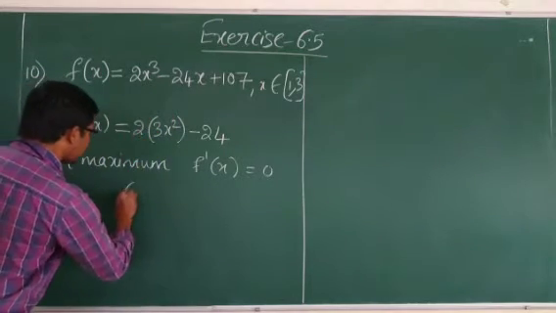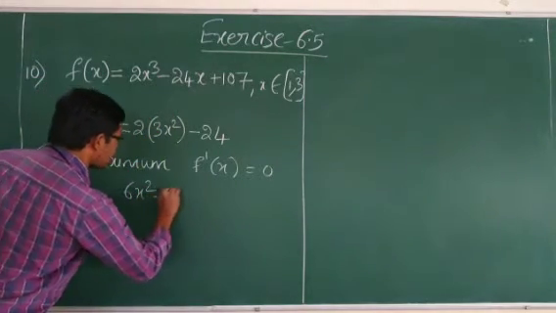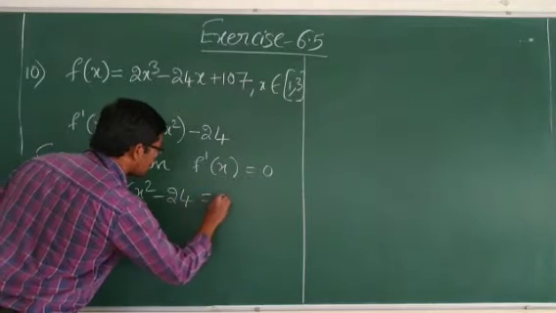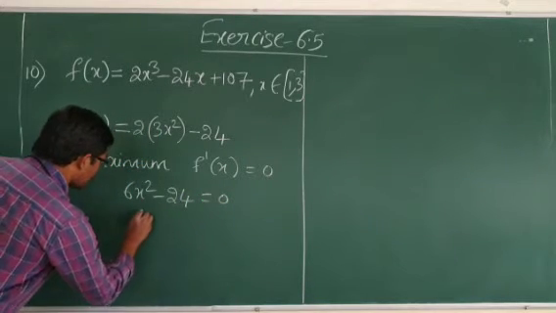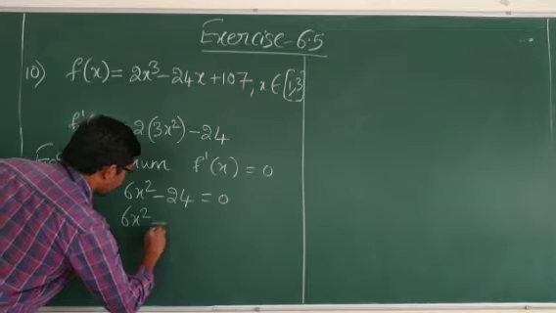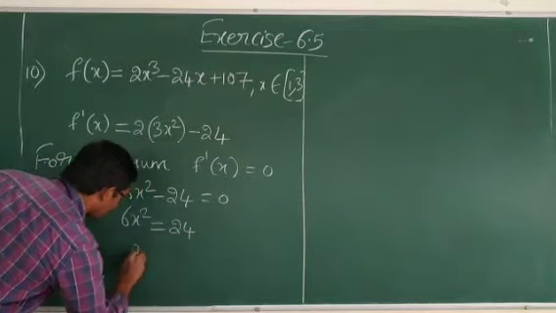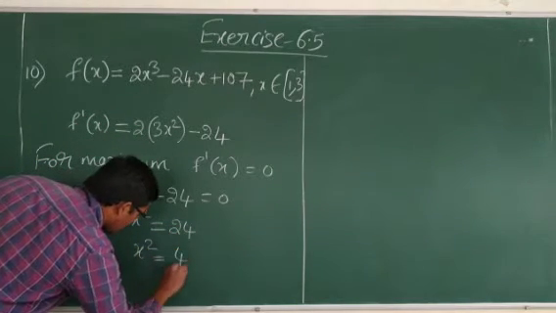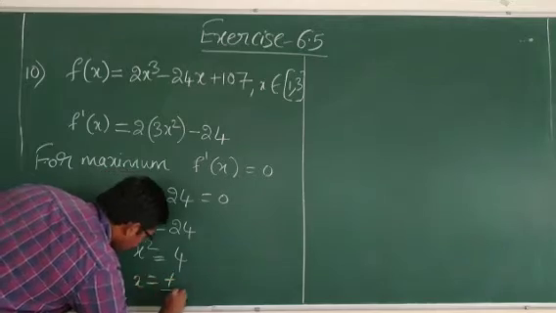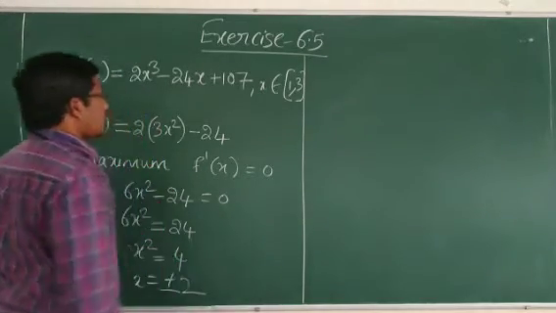Therefore 2 into 3, 6x square minus 24 equal to 0. So 6x square is equal to 24, x square is equal to 4, x equal to plus or minus 2.